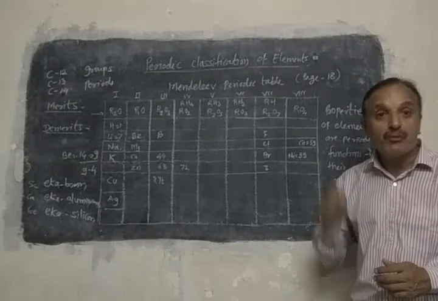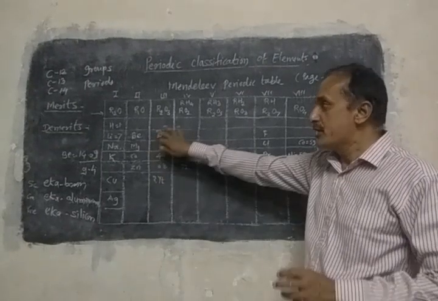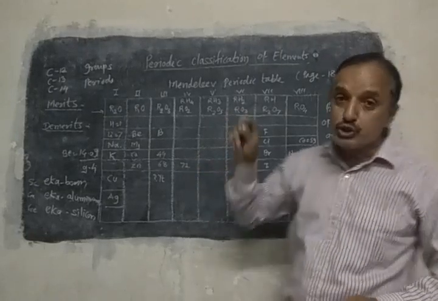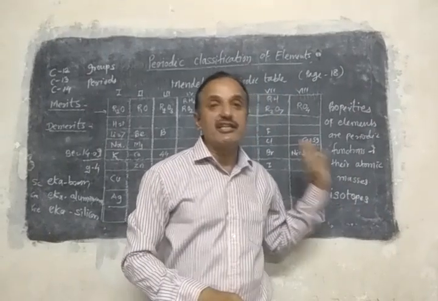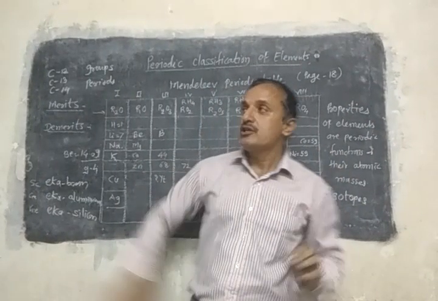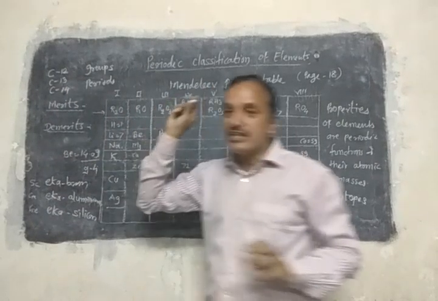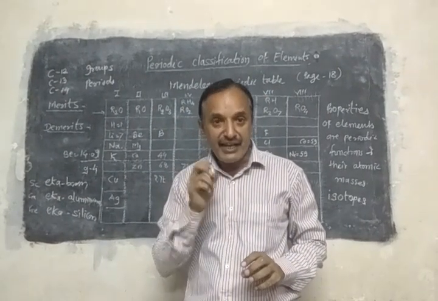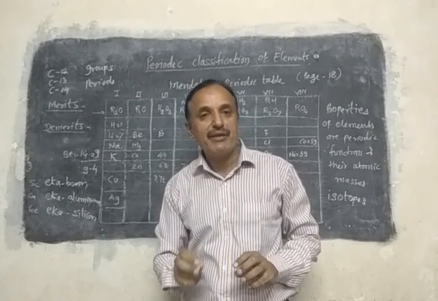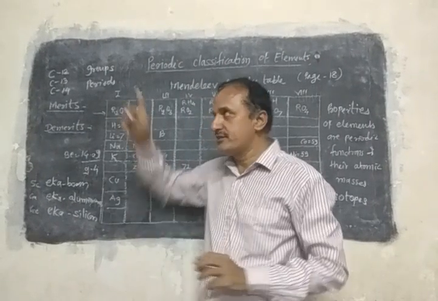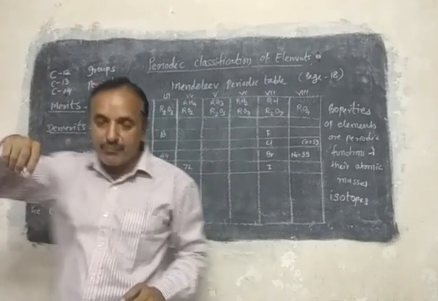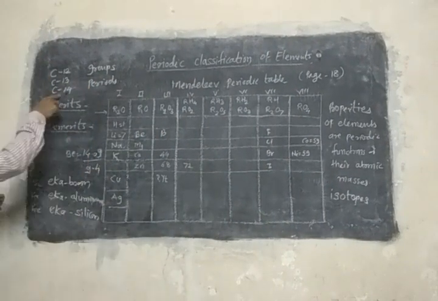And the fourth very important drawback was that the table is based on atomic mass number. It means that isotopes should be given a place in the table. Isotope means the different forms of the same element, having the same atomic number but different atomic mass number.